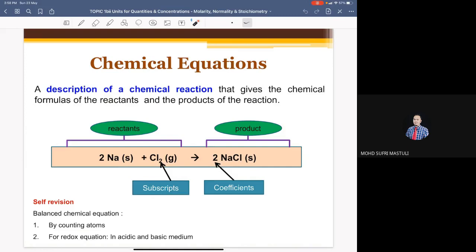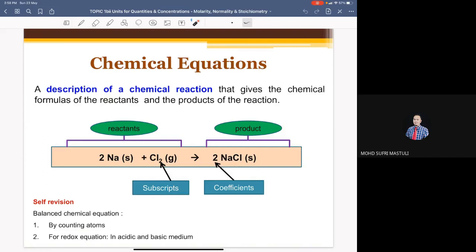Remember, for any chemical equation, you have to make it balanced. Two sodium, two sodium, and 2Cl2, and also 2Cl. Another thing you have to pay attention to is subscripts, not subscribe.